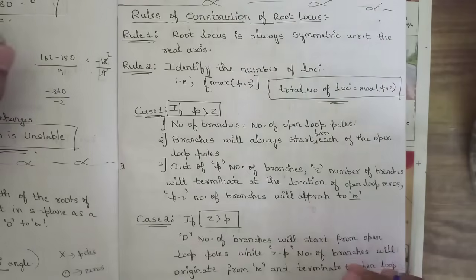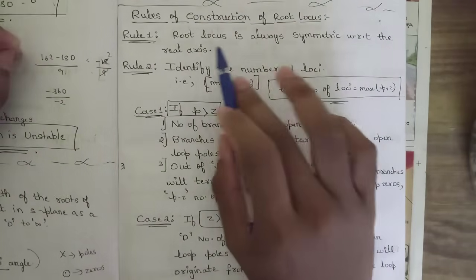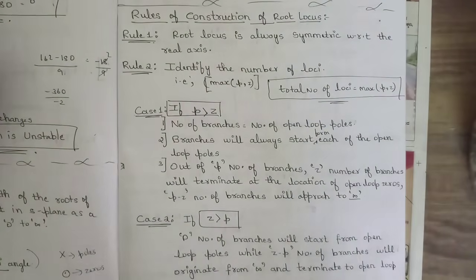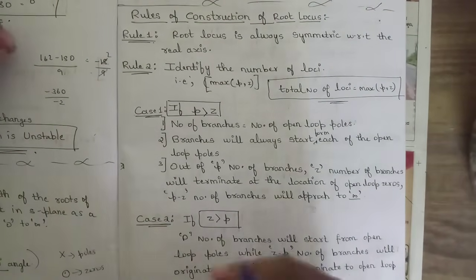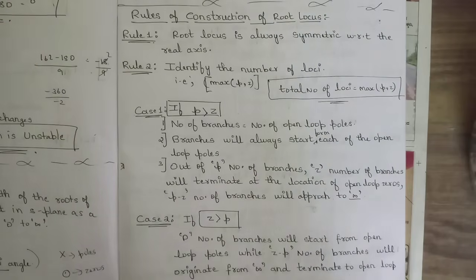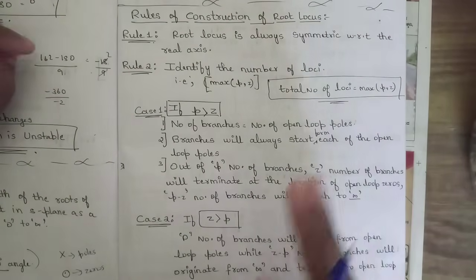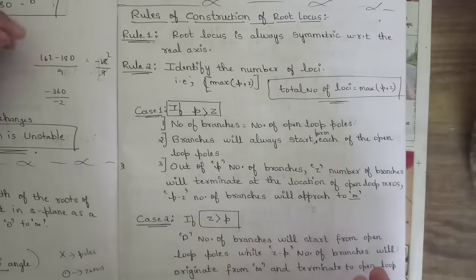Rule number 1 says that the root locus is always symmetric with respect to the real axis. That means the root locus lies about the real axis, from minus infinity to plus infinity, and may be tilted at certain angles, which we will see later.